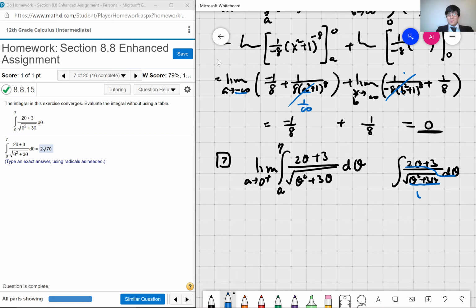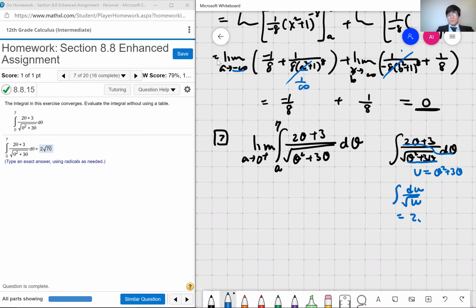So when you say u is equal to theta squared plus 3 theta, this becomes the square root of u du, whose integral will be 2 square root of u plus c. So after the integral, it's going to become 2 times the square root of u, which is this. And you want to plug in 7 and a.